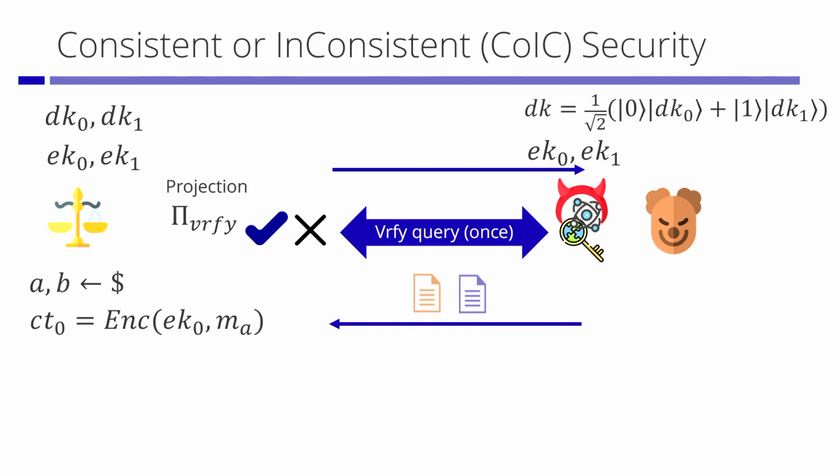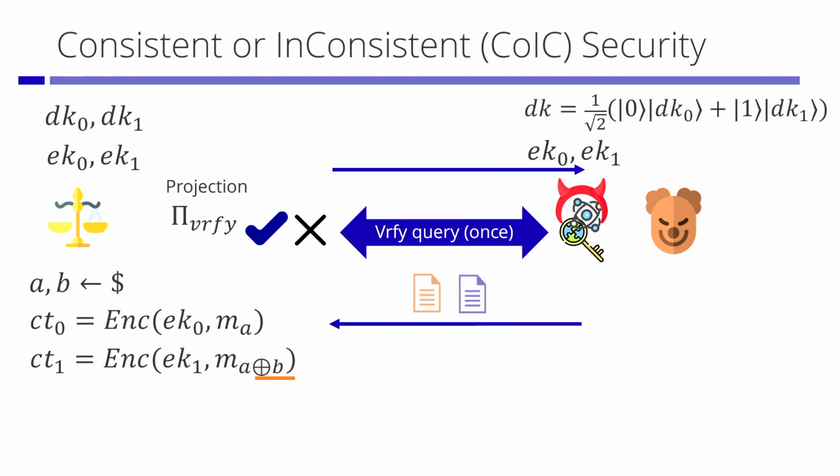Then the challenger flips two random coins, A and B, and generates ciphertext CT0, which is the encryption of M sub A. And it also generates ciphertext CT1, which is the encryption of M sub A XOR B, which means if B is equal to 0, these two ciphertexts are consistent.